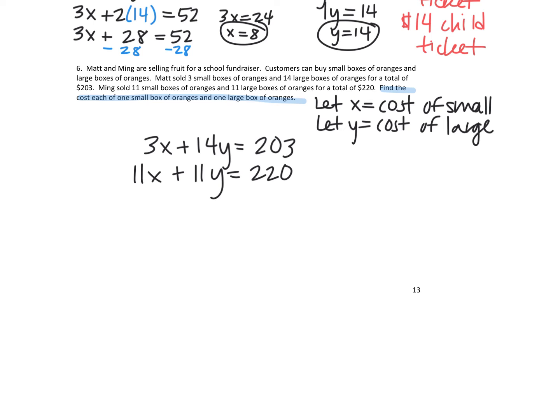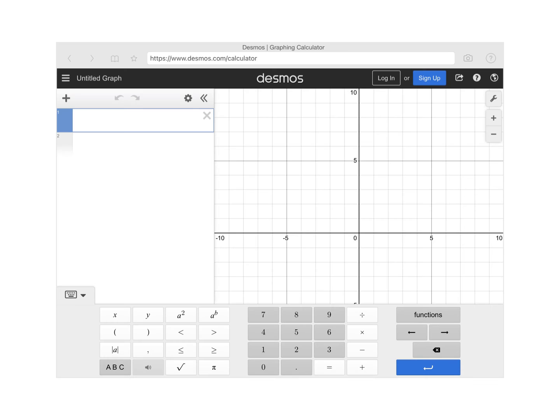Okay. So we're going to solve by graphing with Desmos here. Your best friend. So you are going to pull up Desmos and you're going to type in your 2 equations. I can't remember what they are now, so I'm going to come look at somebody's paper. 3x plus 14y equals 203.